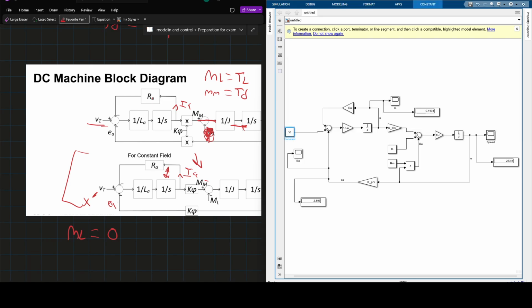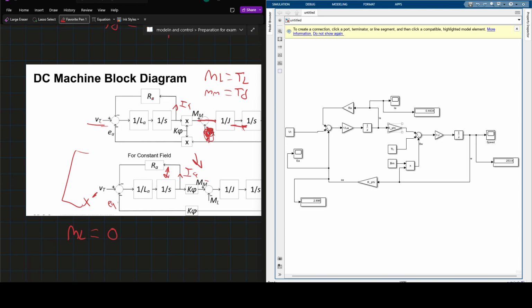Here is a constant because it's a DC source, and in our script we can change the value. Now we have A here, and we have 1 over LA, 1 over S, and that's gonna give us our IA over here. And here are just using a scope and a display to show the values.